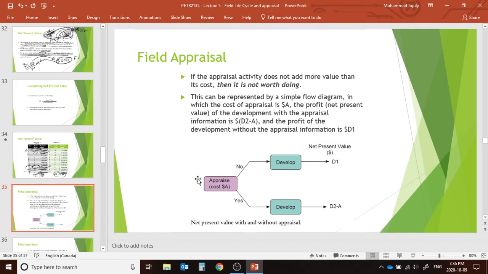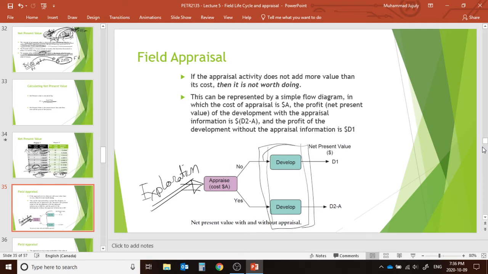For instance, you do the exploration here, and then your next phase is the development.